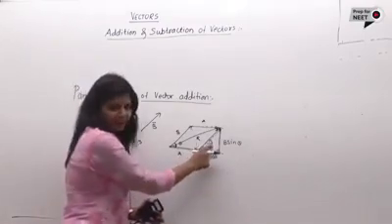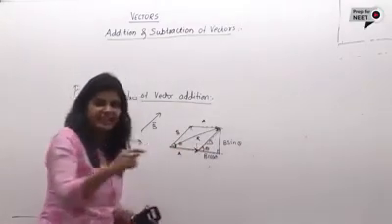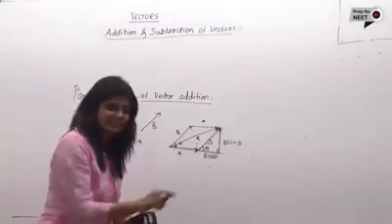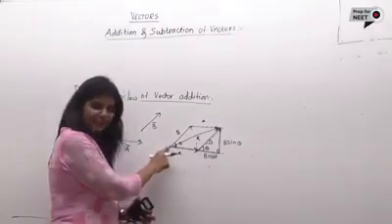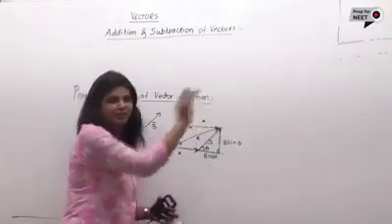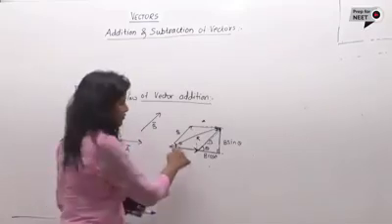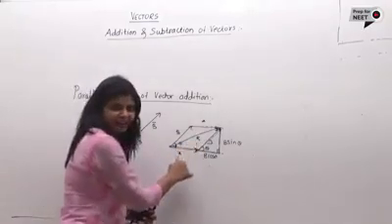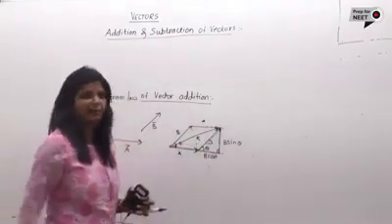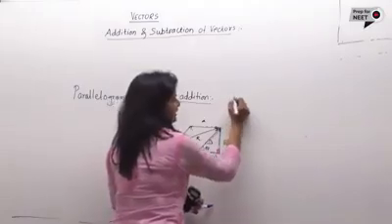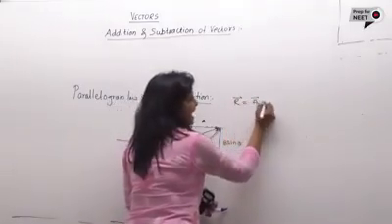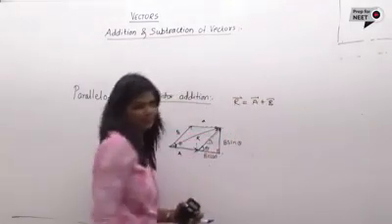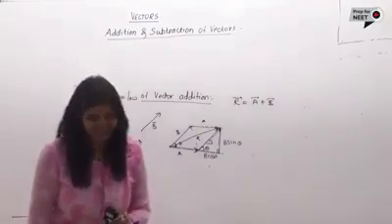This is A and B, you have arranged them in an order. Then the resultant is a vector which starts from starting point of first to the end point of last. So it's very obvious, resultant of A and B must be R. Why? Because triangle law of vector addition says that R is equal to A plus B. I hope everyone agrees with me.